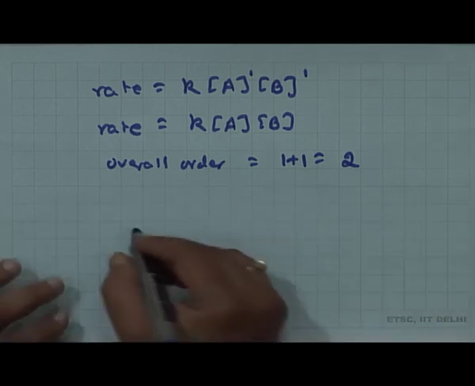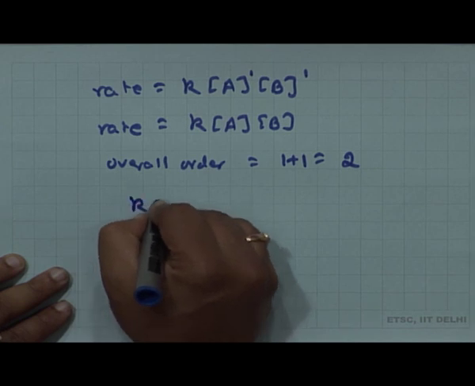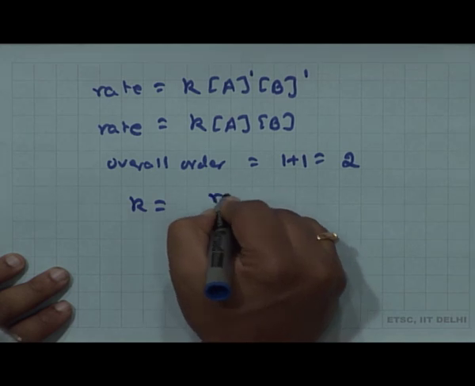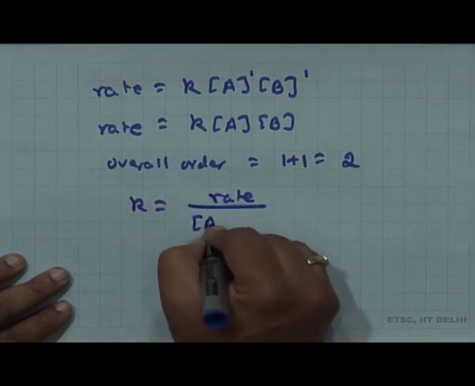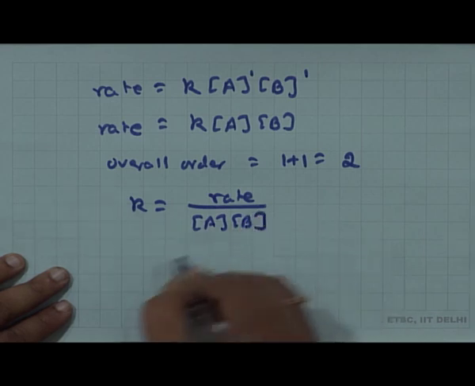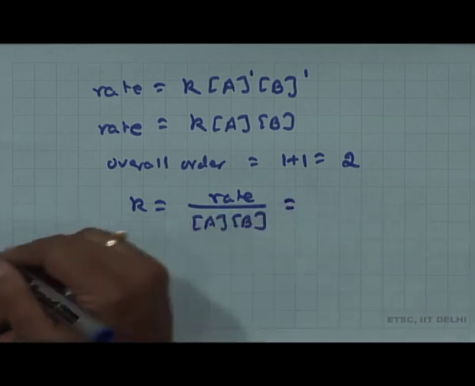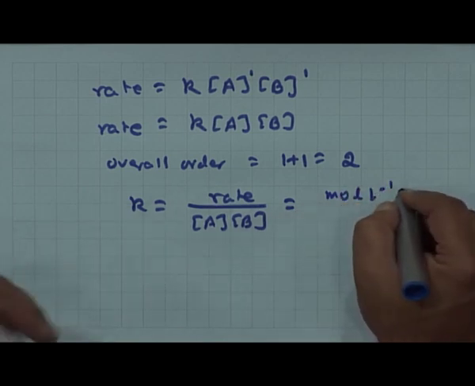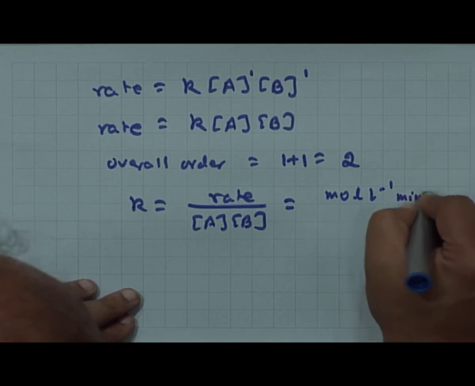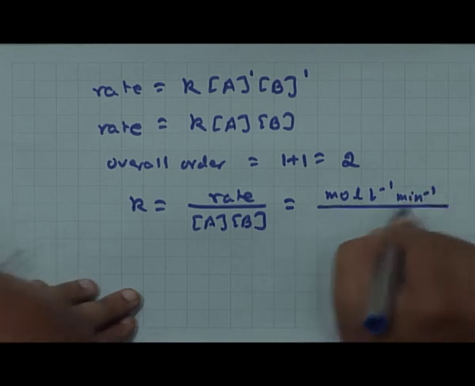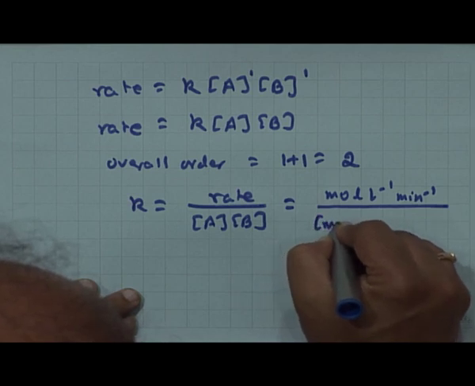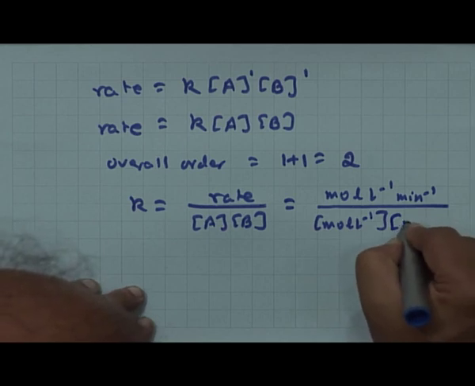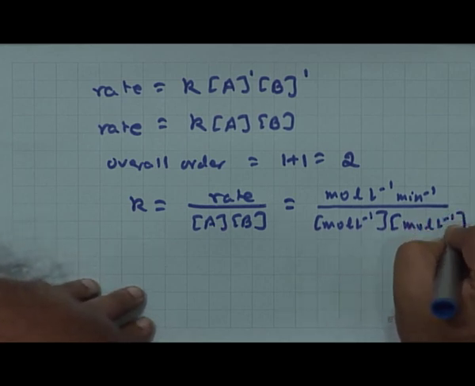I can write that the unit of K is equal to rate over concentration of A, concentration of B. I know that the rate is moles liter inverse, and because the time was minutes, minute inverse, and then I have the concentration of A expressed in molar concentration, and B also in molar concentration, moles per liter.